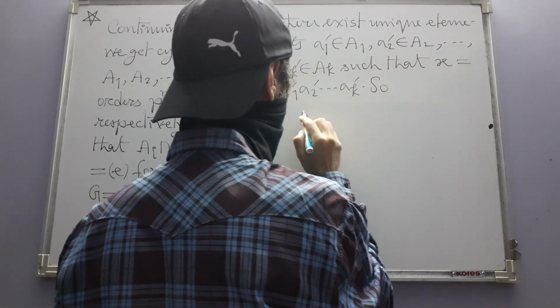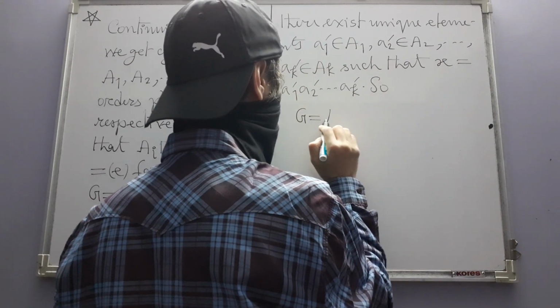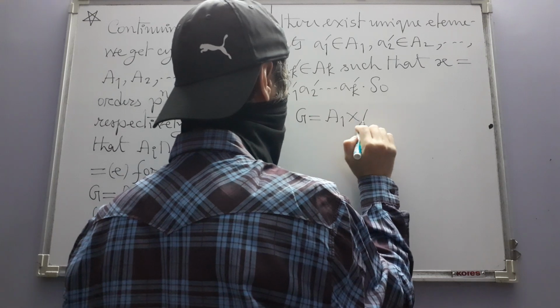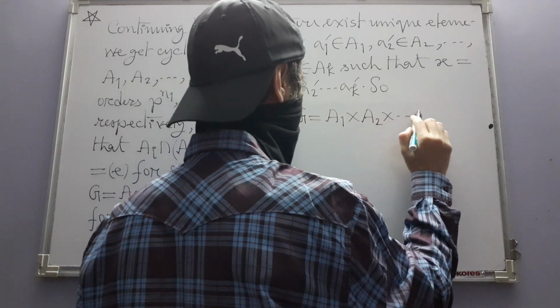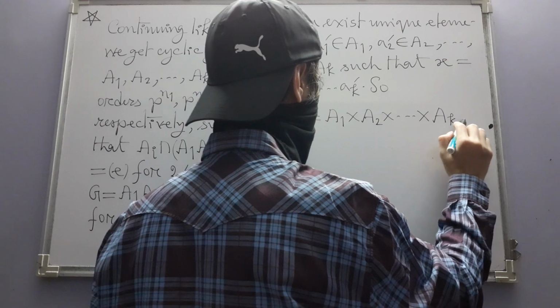So, G is the external direct product of these cyclic groups.